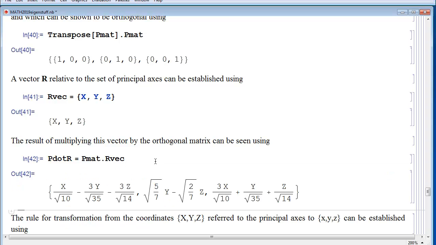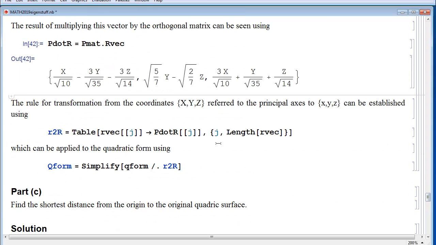which is so, and the rule for transforming from the coordinates x, y, z to the original ones can be established using.